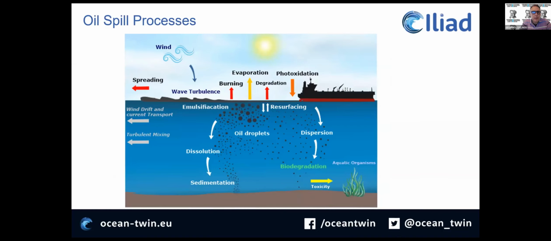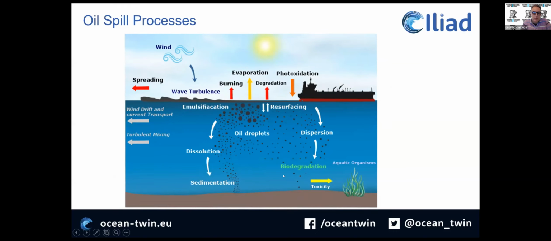In oil spill modeling, we have to consider a series of processes which take place when we have the accidental release of oil in the sea. There are physical processes like evaporation, advection, and the spreading of oil, but then we have a series of chemical and biological processes like dissolution, sedimentation, and emulsification.